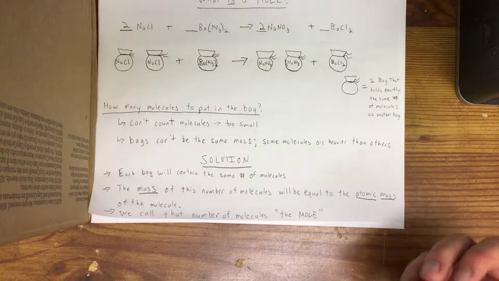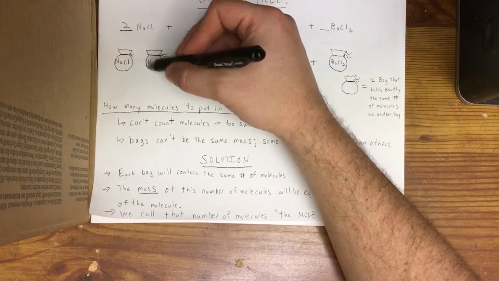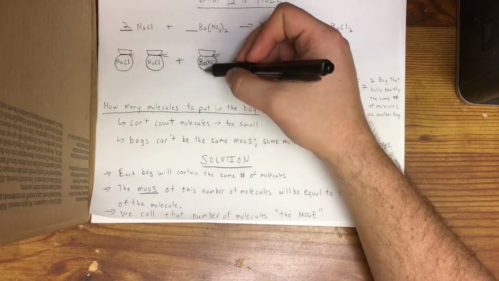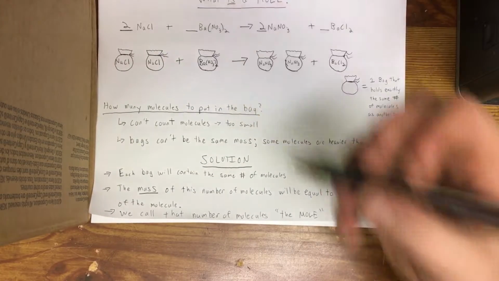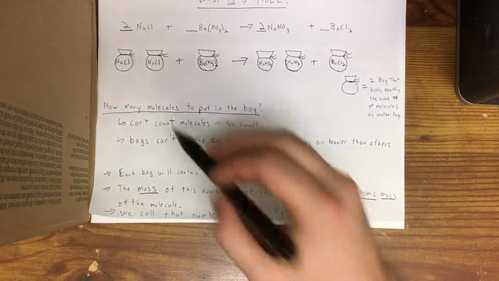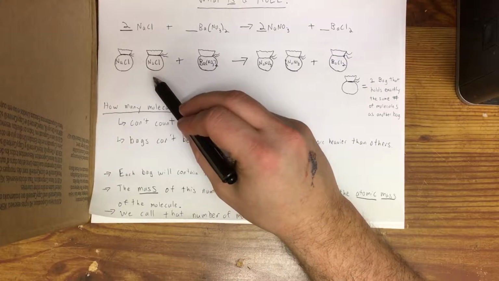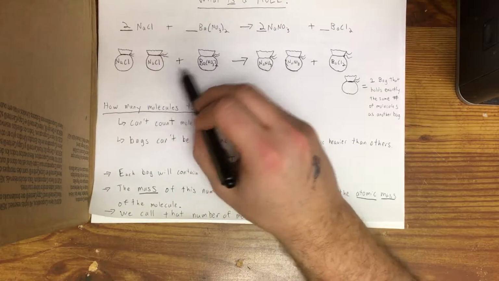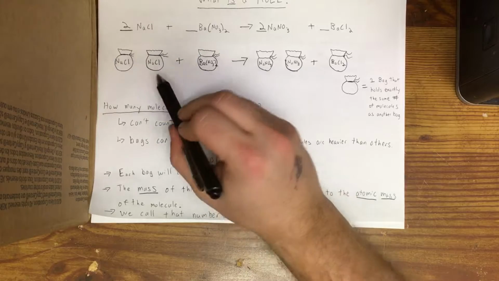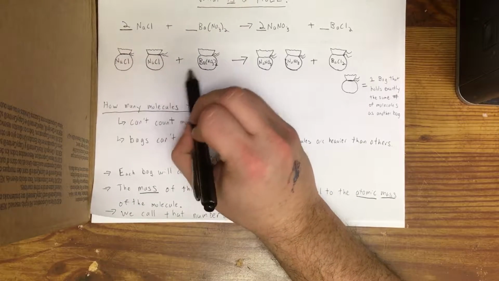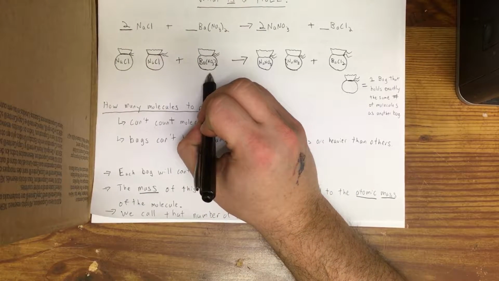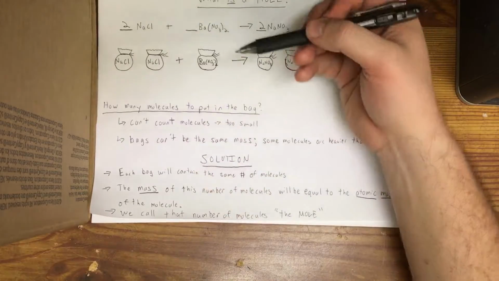It would be like if one of these bags was filled with feathers, and one of these bags was filled with bricks. Barium nitrate is much heavier. And we weighed out 10 pounds in each bag. Well, obviously this bag is going to contain way more feathers than this bag contains bricks if they both weigh 10 pounds, because 1 brick weighs a lot more.